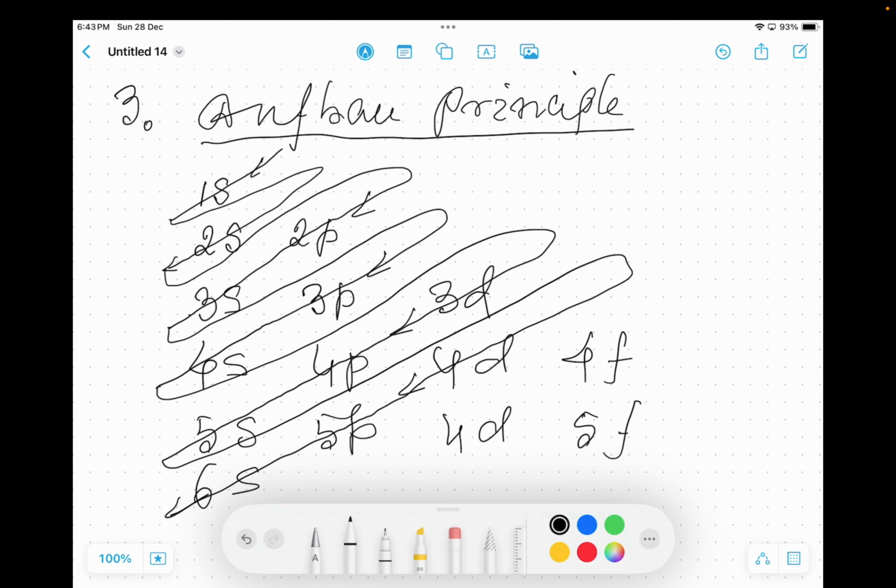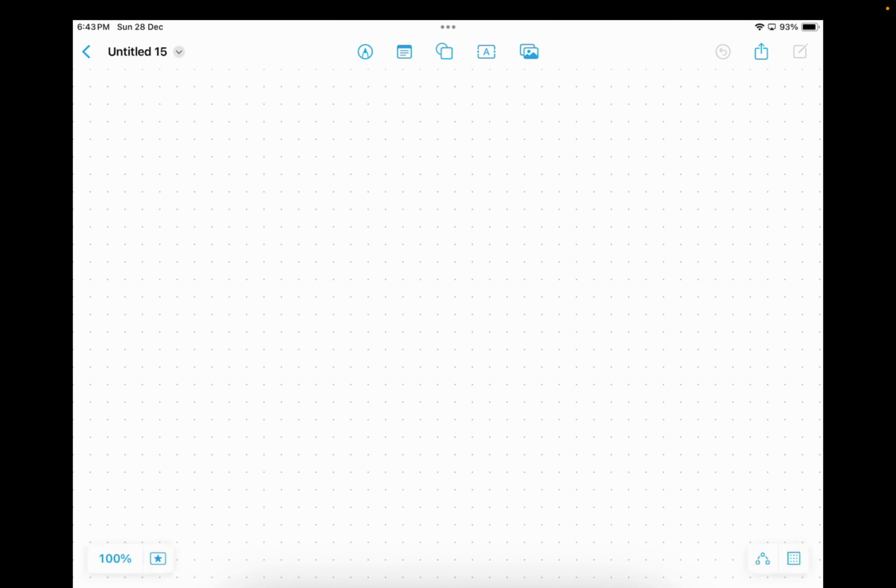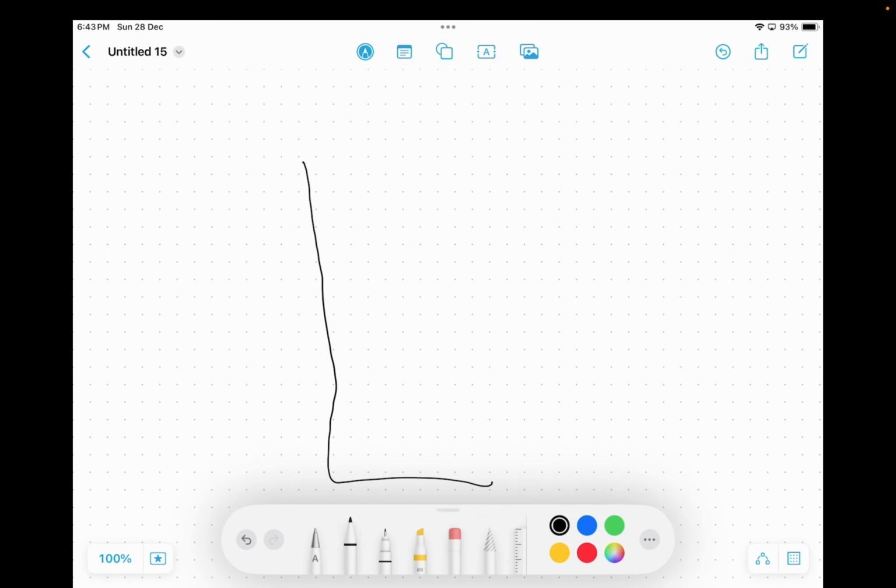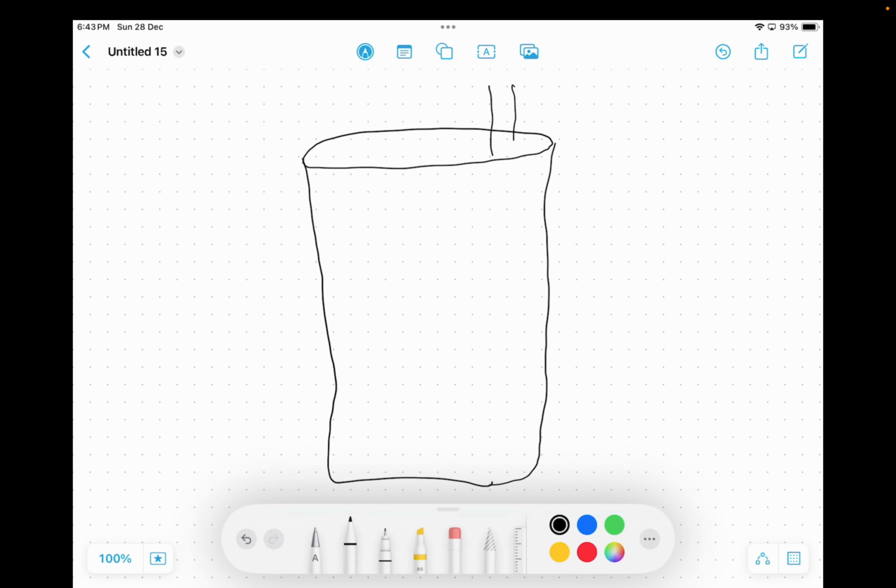The same order we can also write in this way. Suppose electrons are like water: whenever water comes from a tap, it comes from the upper side.